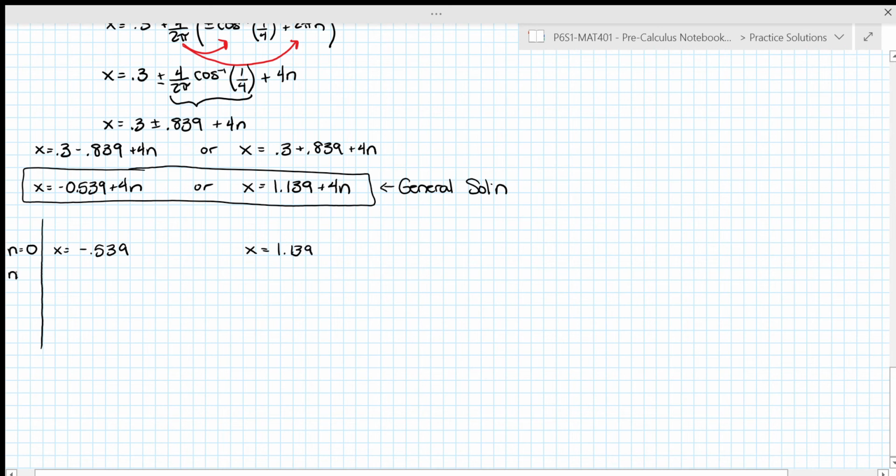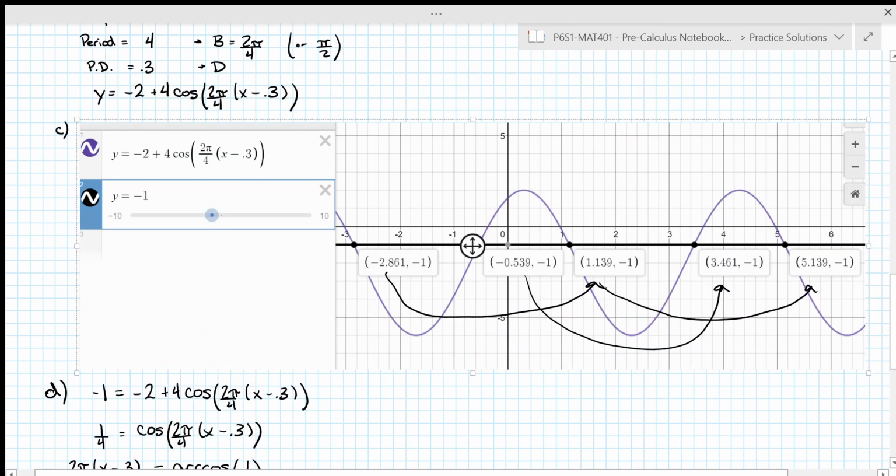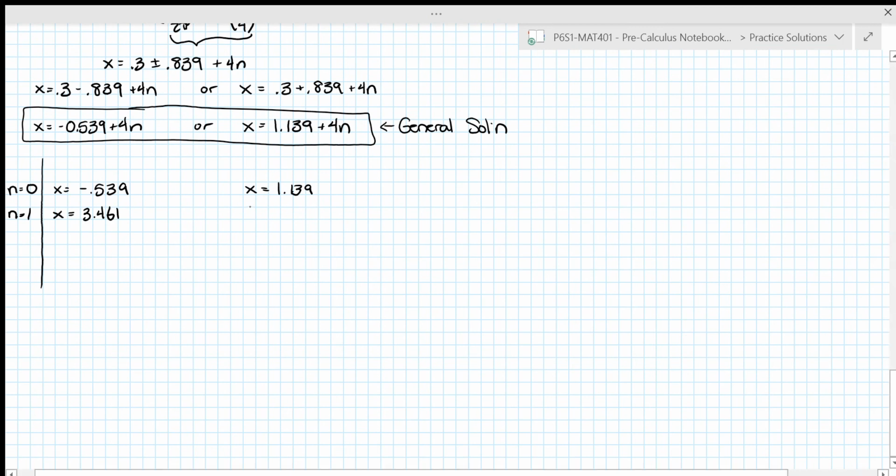One full cycle away, if n is 1, I would add on 4 to this, and I would get x equals 3.461, which, yep, I did my math right. There it is right there, 3.461. This one, add 4 onto this, and get 5.139.